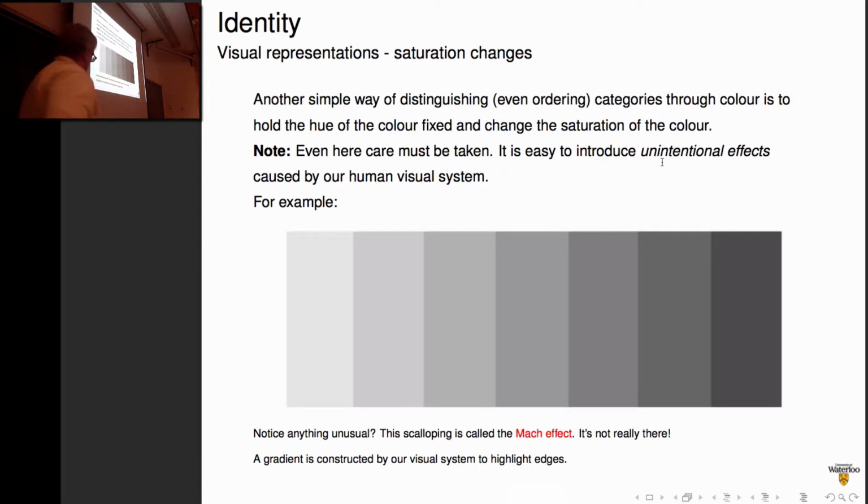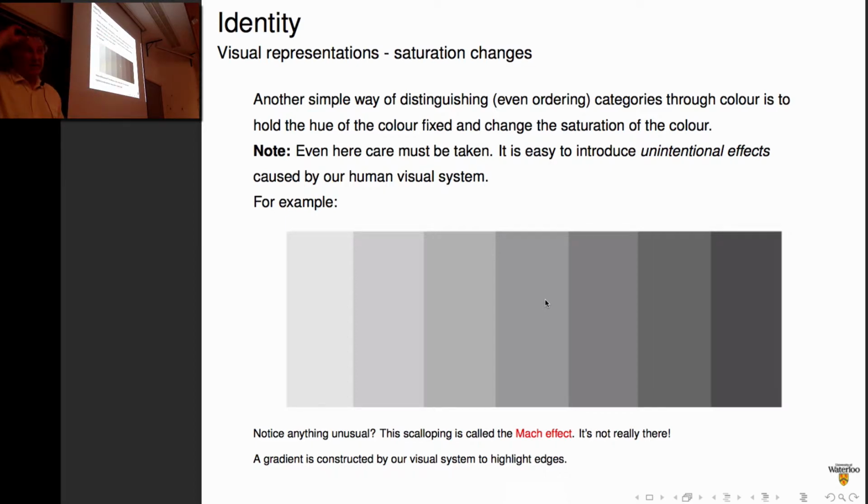Now you may notice that these bars look like they get light on the right, dark on the left, light on the right, dark on the left, sort of this scalloping kind of effect. Do you see that? Does it look kind of like it's doing that? That's called a Mach effect.